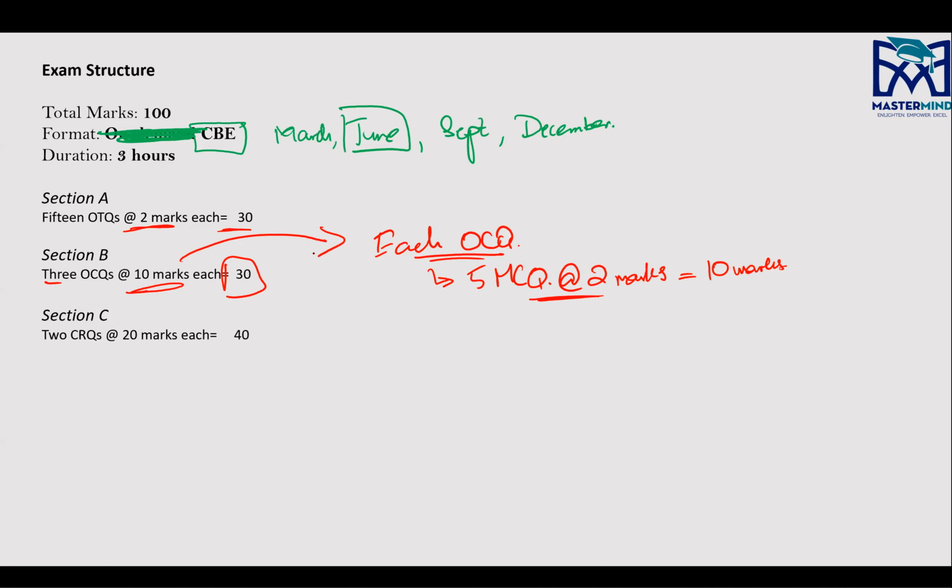Section C, most favorite part of the examiner, has 2 constructed response questions, which are basically long questions. The examiner has not set any particular syllabus area for section A and B, but in section C you will get interpretation of financial statements.